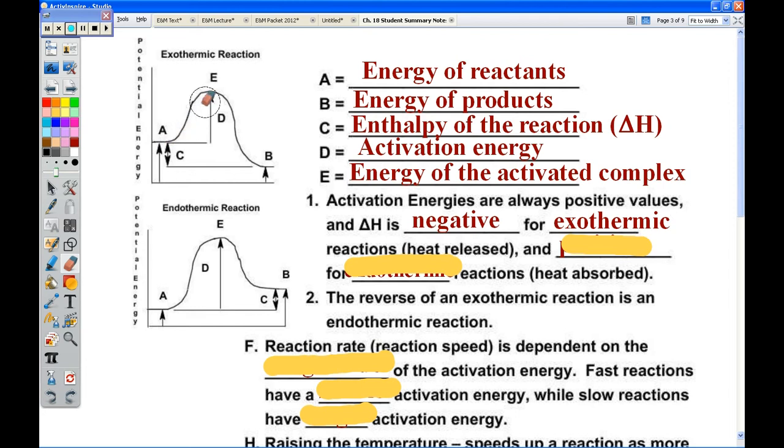You start here, you go over the hill, and you end up lower, and so as you go down in energy, that energy gets released into the environment. So that is an exothermic reaction. And delta H enthalpy is positive for endothermic reactions.